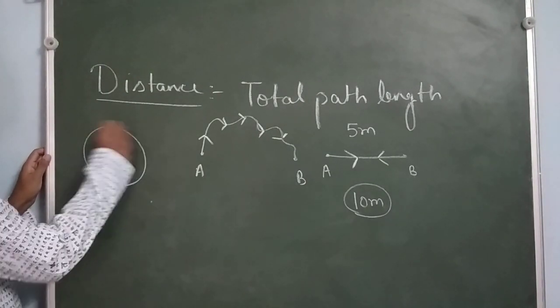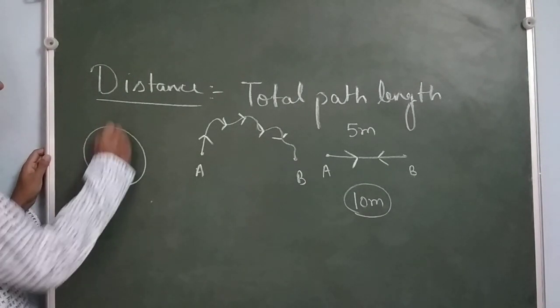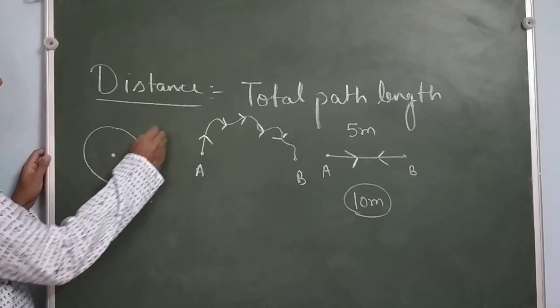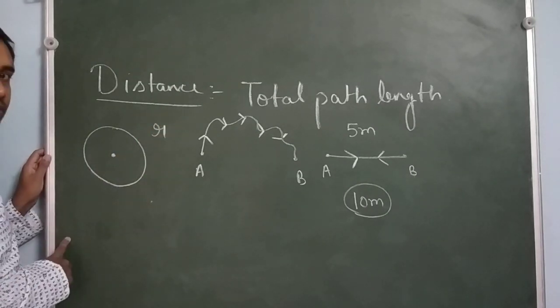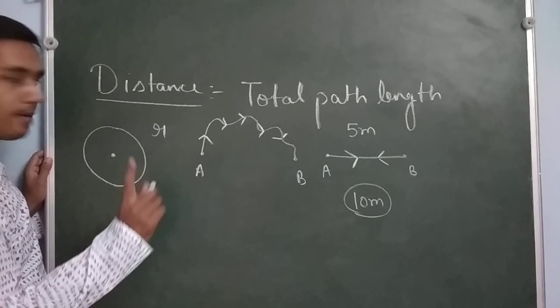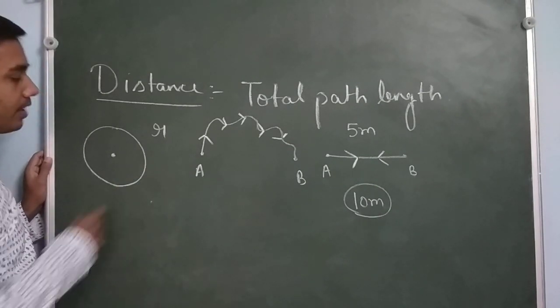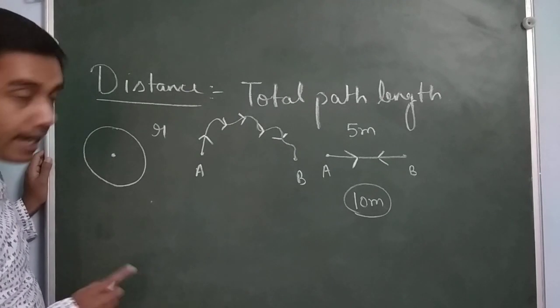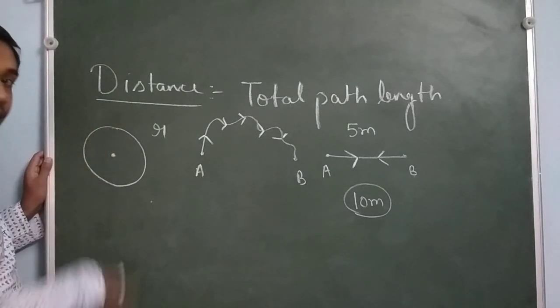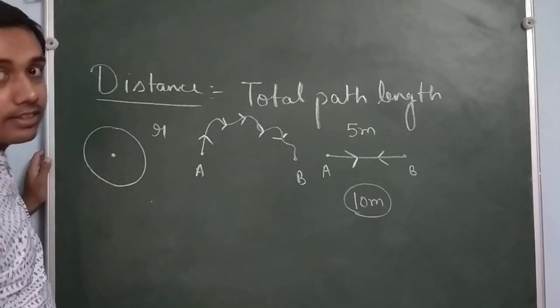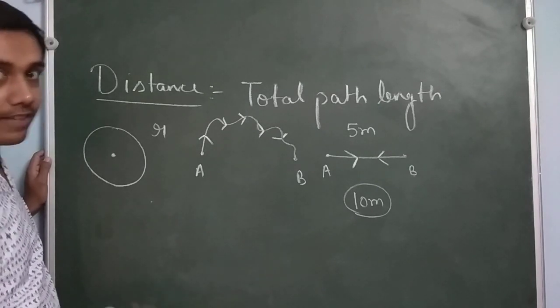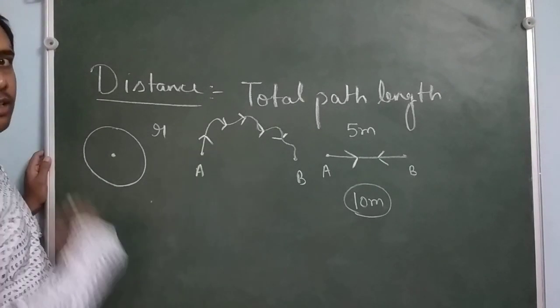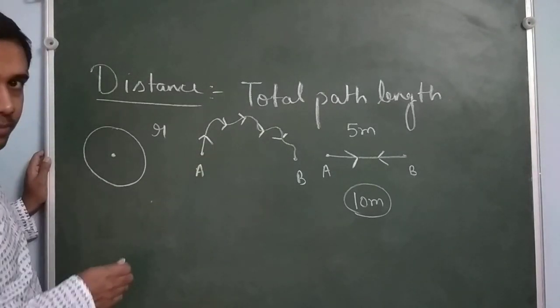One more example. Suppose I am moving on a circular track, and suppose R is the radius of the circle. Just suppose I am making one revolution. ठीक है? Now in case of a circular track, I am moving on the boundary of the circle. The length of the boundary of the circle is called circumference.